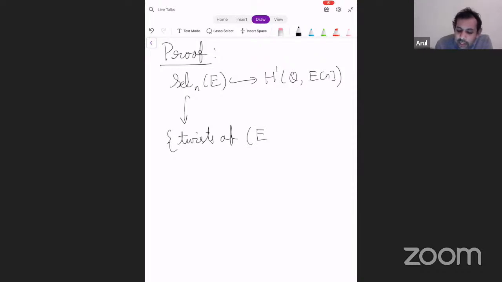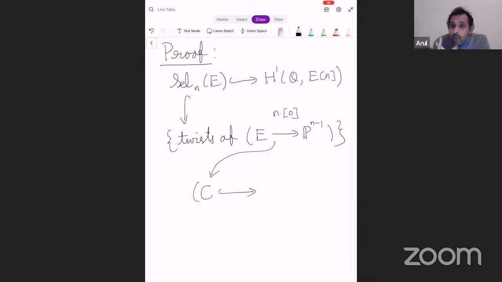So twists of E inside P^(n-1) via the divisor system n times the identity. Now, what's a twist of E inside P^(n-1)?